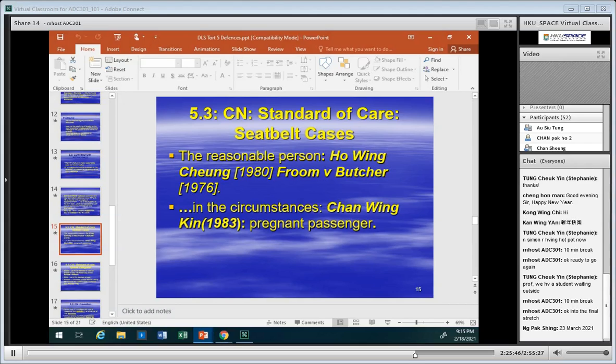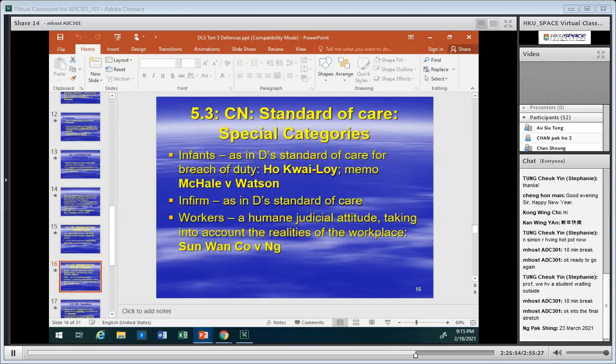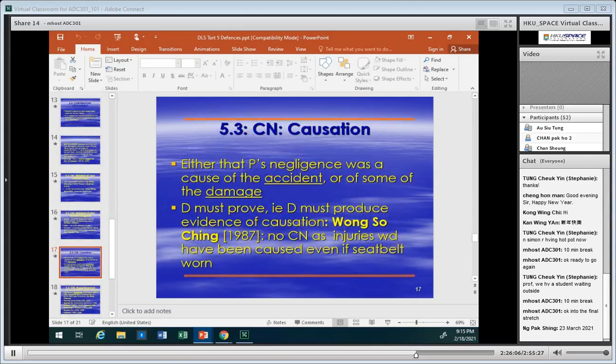If you can claim special circumstances which warrant not wearing a seatbelt, then there may be no contributory negligence. And of course the standard of care that the plaintiff has to come up to will depend on who the plaintiff is in the circumstances. But also remember the defendant has to prove causation.